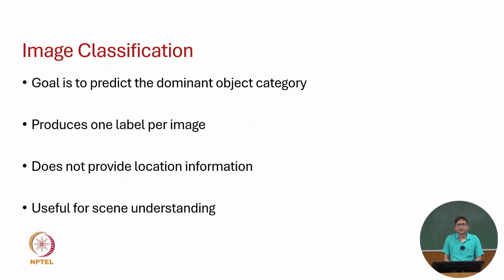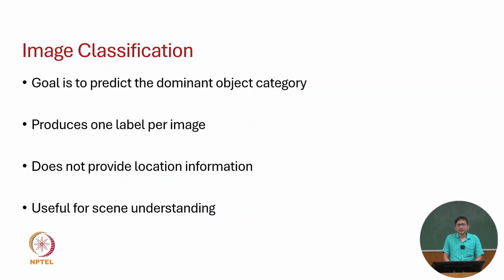let us take a moment to recap what we already know about image classification. In image classification, in a way, the goal is to predict the dominant object category that is present in the image, right? So given an image, let's say there is a building, but there might be some vehicle parked next to the building. There might be some tree also next to the building. I'm talking about, let's say, some aerial image.